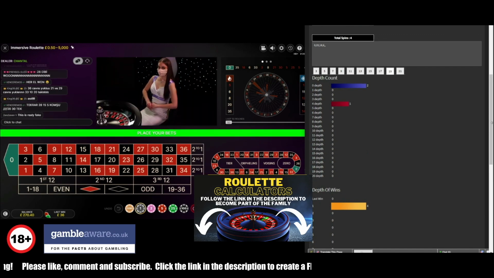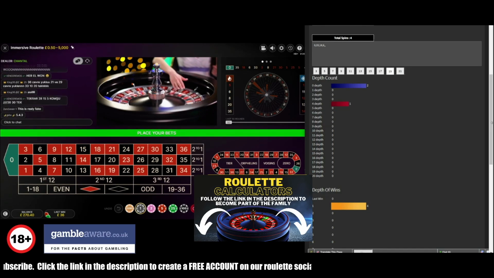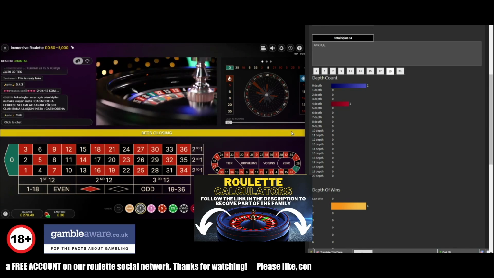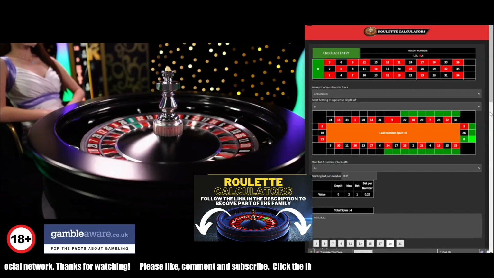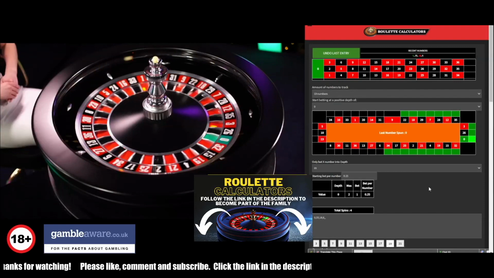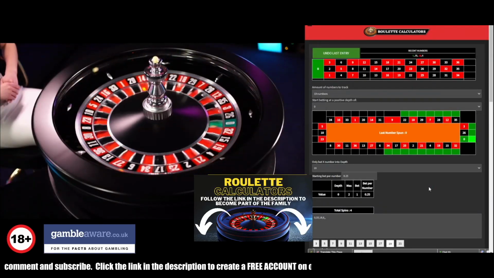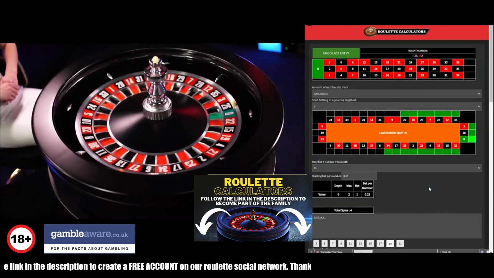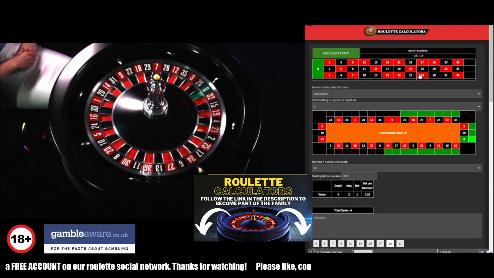So I'm wondering if she carries on with it. Yeah, that previous dealer was lovely. She's doing really well there. So she's gone back to the highlighted again.